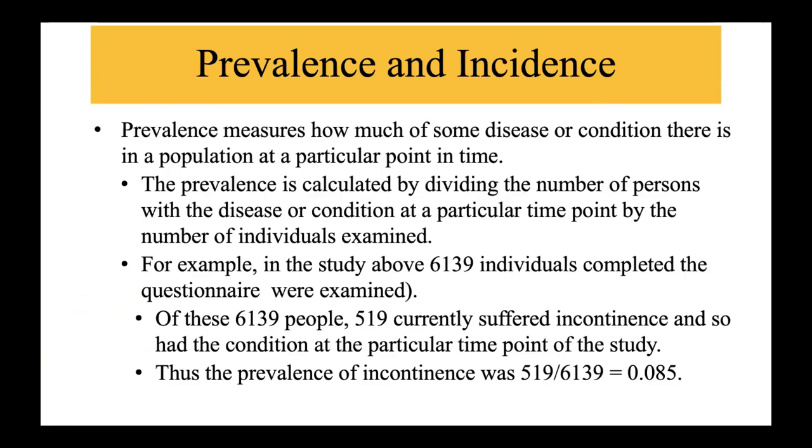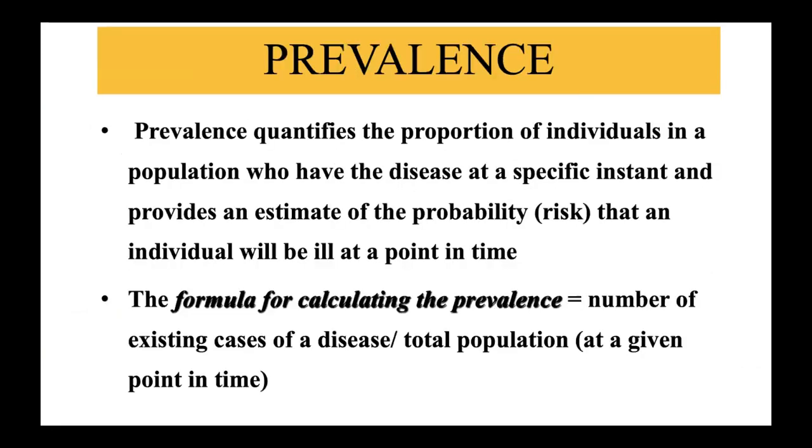So this is an example of how you calculate the prevalence. Of 6,139 people, 590 currently suffered from incontinence, so had the condition at the particular time. Thus, the prevalence is calculated like this.